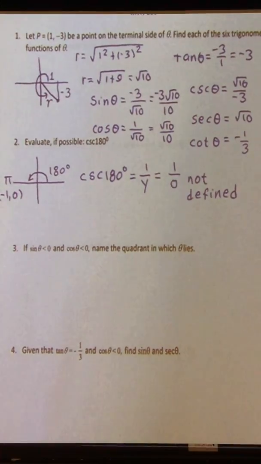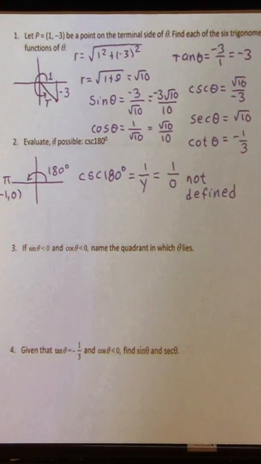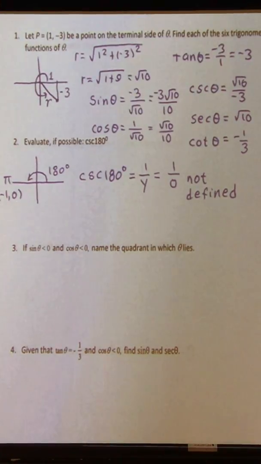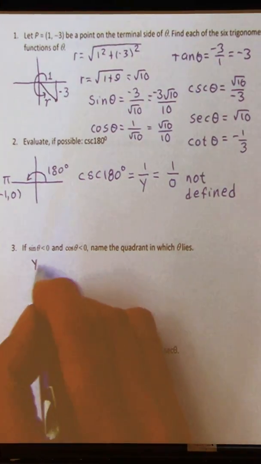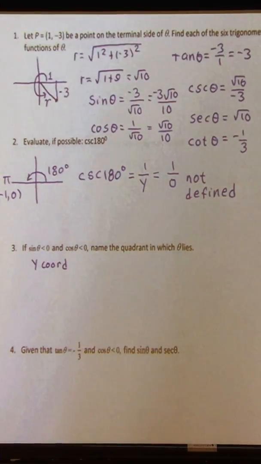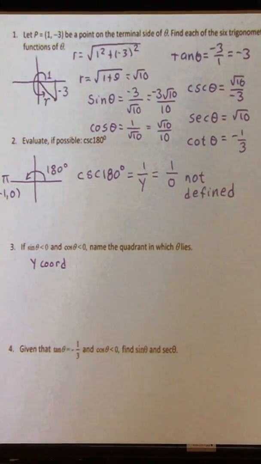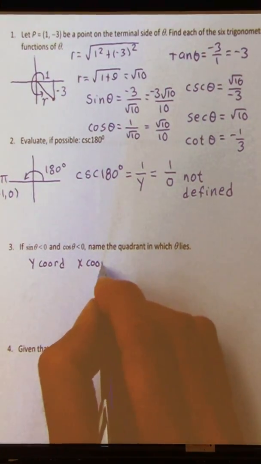Problem 3. Find the quadrant in which the angle lies if we're given that the sine value is negative and the cosine value is also negative. Always think with sine, the y coordinate. It's the y over the r, but the r is the radius of the circle, which is always positive. So just think sine is the y coordinate and cosine is the x coordinate.